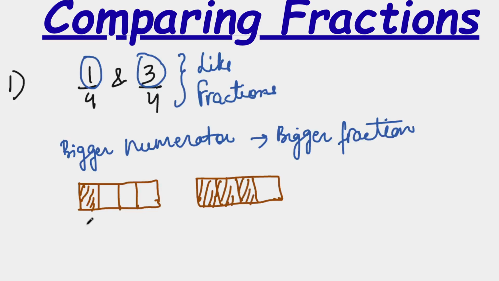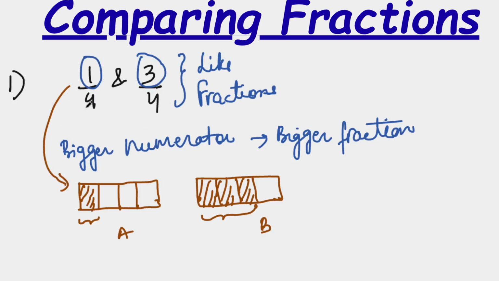Now, one person is going to get this part of the chocolate and another person will get this part of the chocolate. Now tell me, who will get more, person A or person B? Definitely person B, right? Because he is going to get three parts and person A is going to get just one part out of these four. So this is the representation of these fractions.